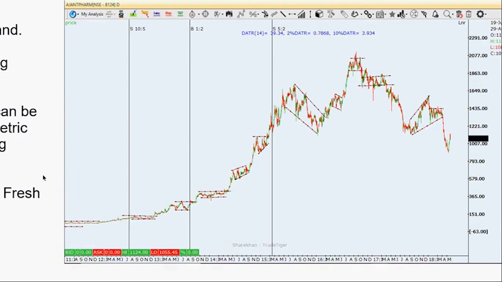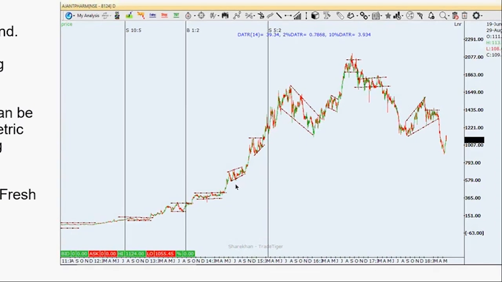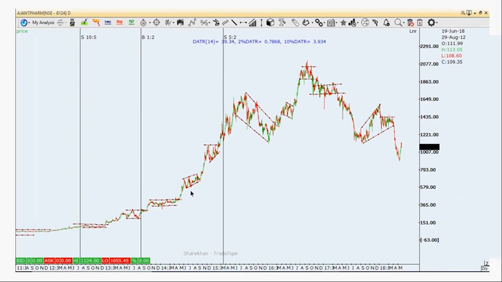Friends, any question about this chart? Any challenges you have? I think I have taken this chart on 19th June 2018, so not a very old chart.